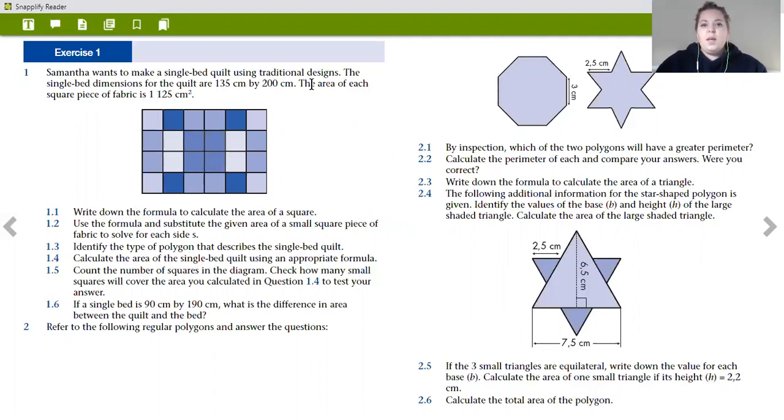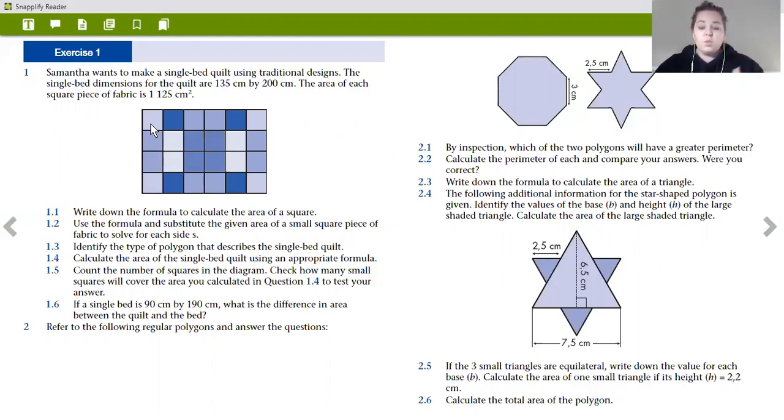The area of each square piece of fabric, so each little square, the area of one of them is 1,125 centimeters squared. So they've given us our area.